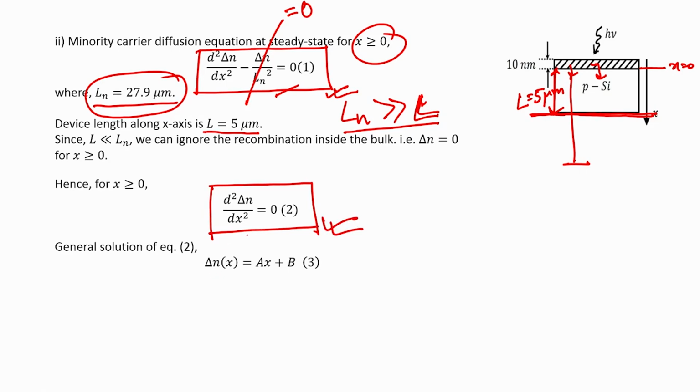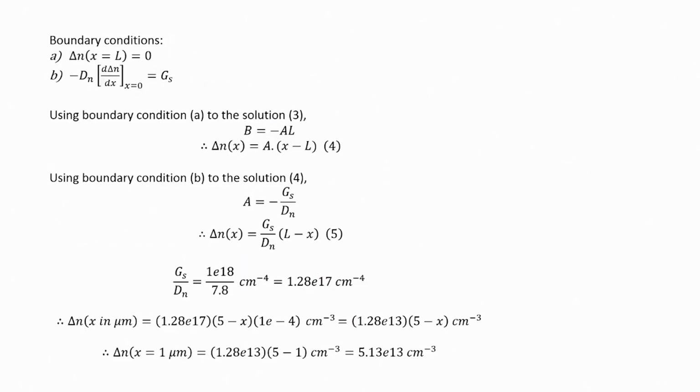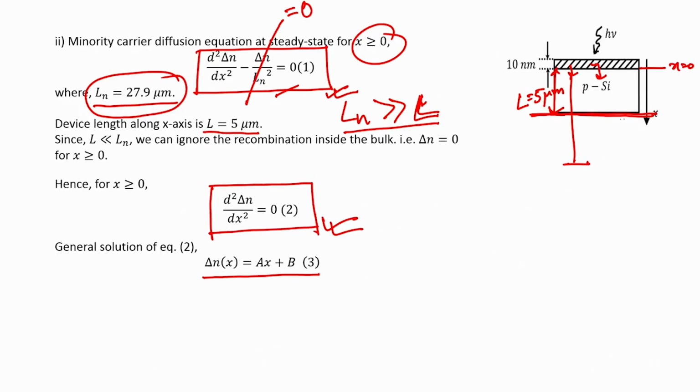The general solution of this differential equation is given by del n(x) equal to Ax plus B, that is the linear equation. Now, the boundary conditions: one will be the excess electron concentration at x equal to L will be equal to 0. This is coming from the fact that at x equal to L we have considered a perfectly ohmic contact.